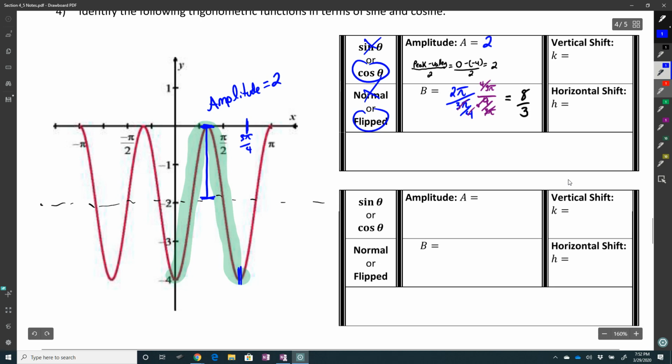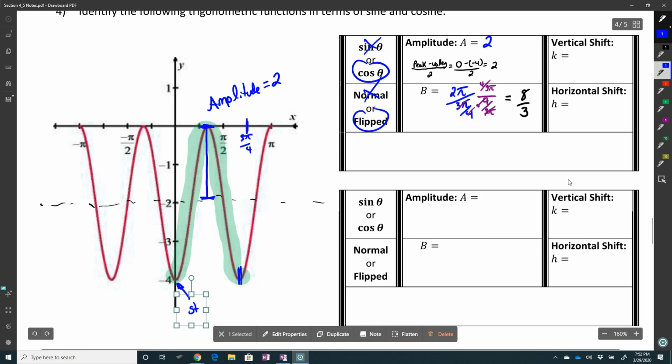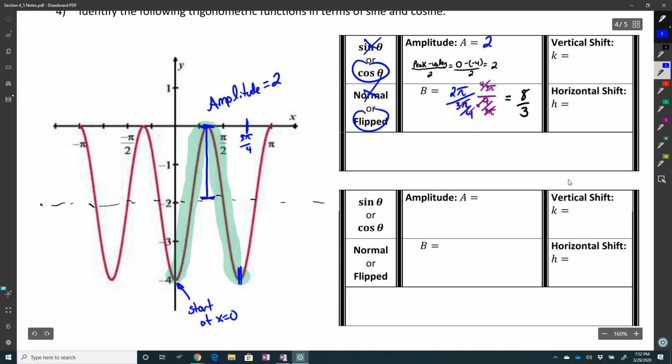All right, there's no horizontal shift because I started at 0. So no horizontal shift, but notice that it went down. The middle of the graph is at -2. So that means my vertical shift is down 2, so -2.